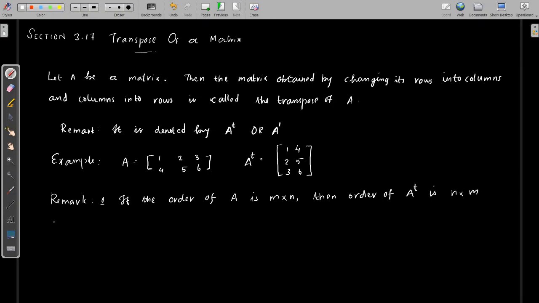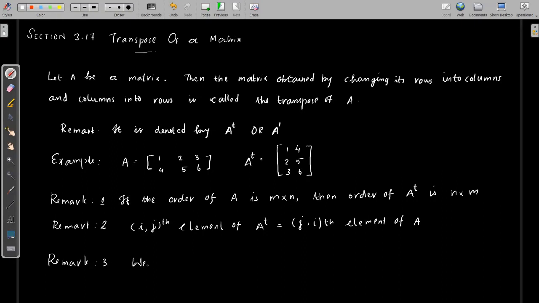And we have another remark: the ijth entry of the matrix A is the jith entry of the matrix A transpose, and vice versa. The ijth entry of A transpose is the same as the jith entry of the matrix A. We can denote this situation in symbols.